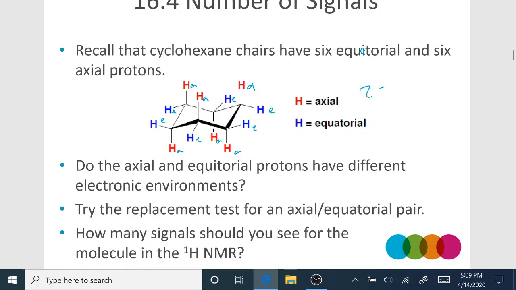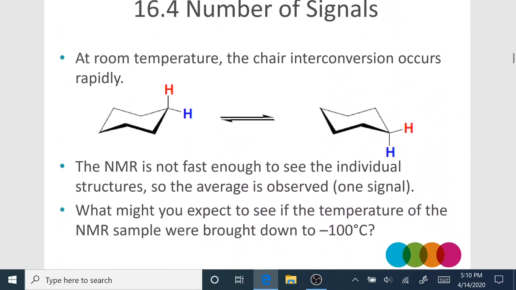But since they flip back and forth from axial to equatorial, it turns out in NMR at room temperature we only get 1 signal for all of the protons on the cyclohexane molecule.